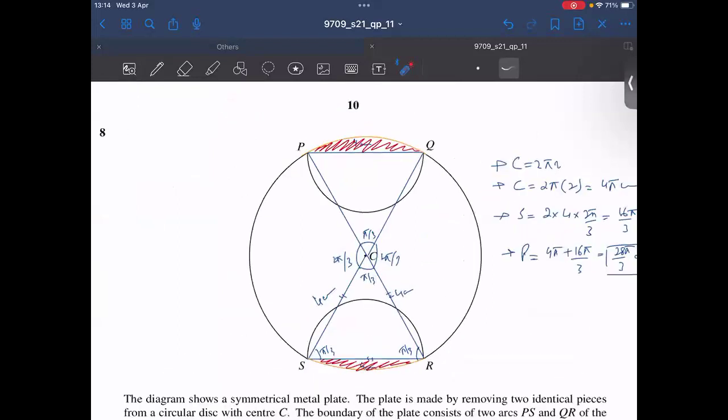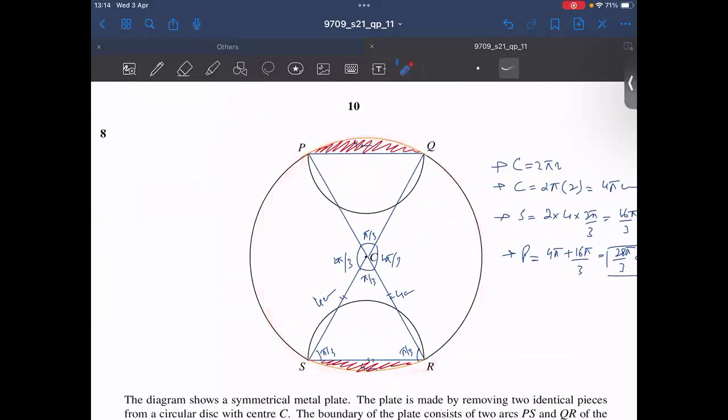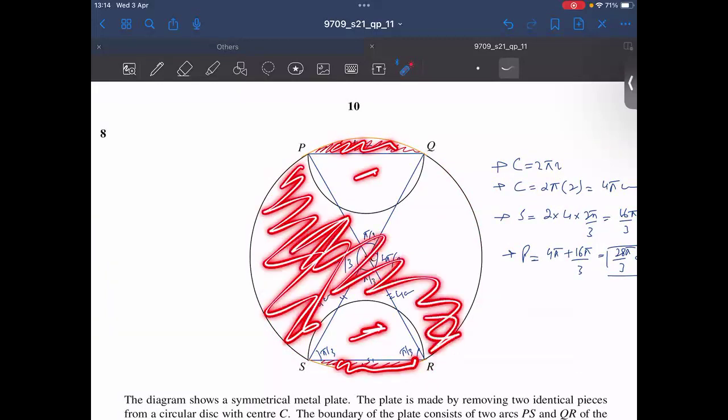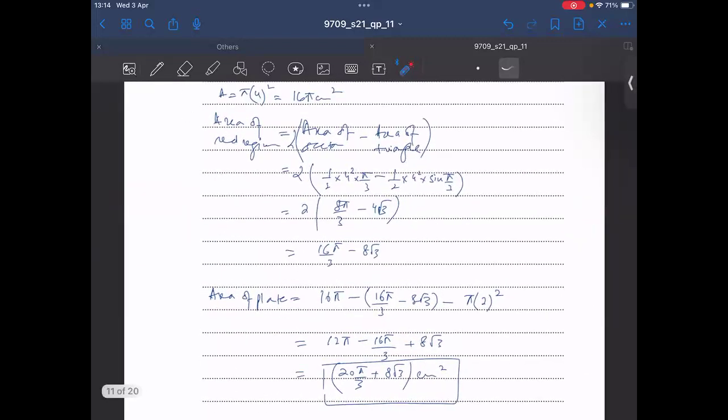Now, if you look at the plate, from this complete circle, I need to subtract the total area of these red regions and the total area of these semicircles to get the area of the remaining plate. Is it clear or not? So from the area of the circle, which is 16 pi, I have subtracted the total area of the red regions and the total area of the semicircles.